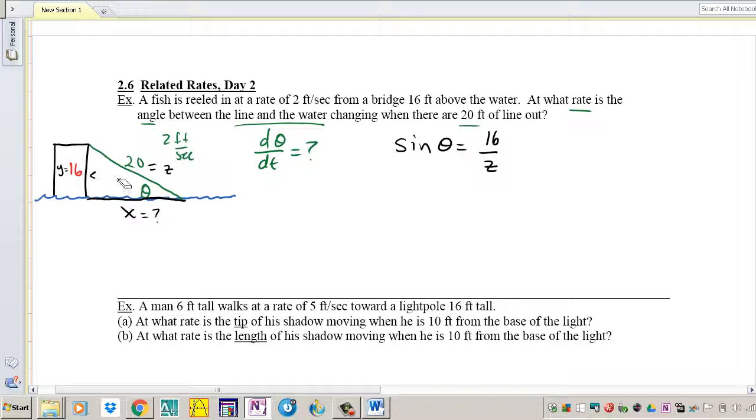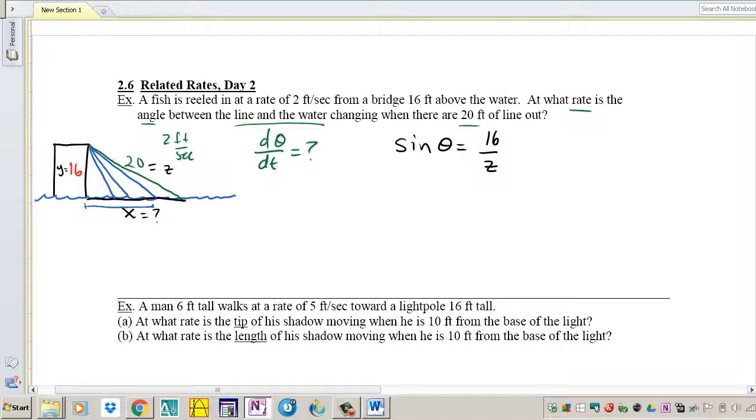Let me give you an example. In blue, as I'm reeling in this fish, the line of my fish is getting shorter from the bridge to the water, and the horizontal component of this triangle is also getting smaller and smaller.